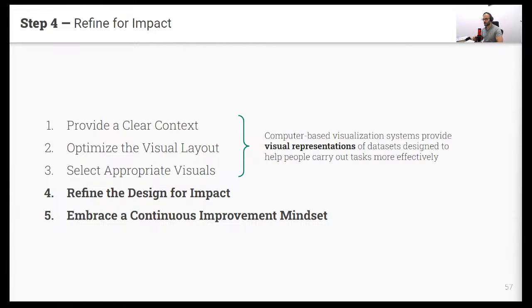Now what we have left to do is refine the design for impact and also embrace a continuous improvement mindset. Now these two fall on the user apart from the last one, because that one is a little bit more on the developer.